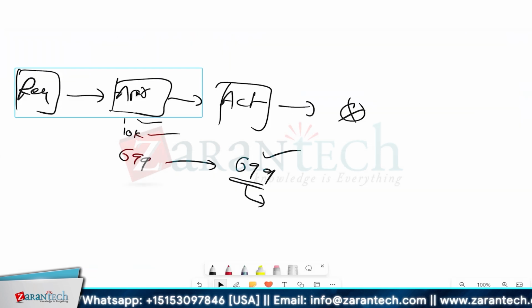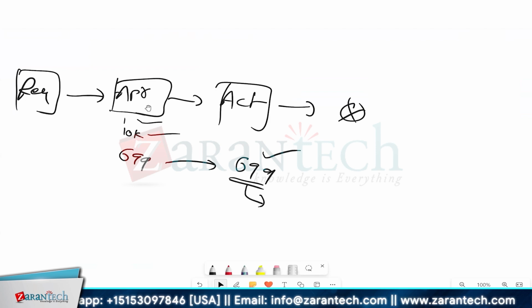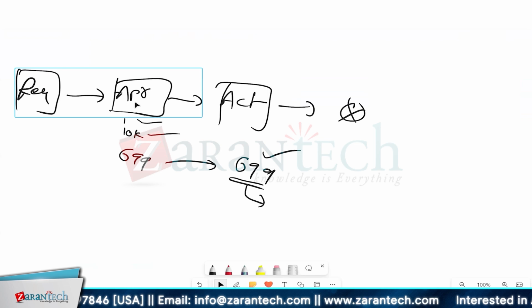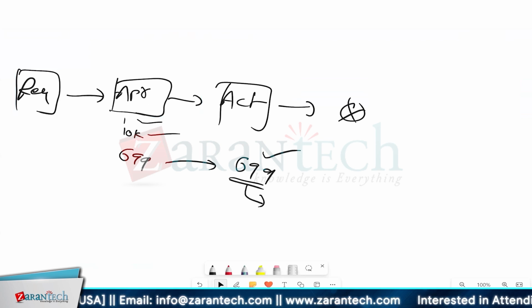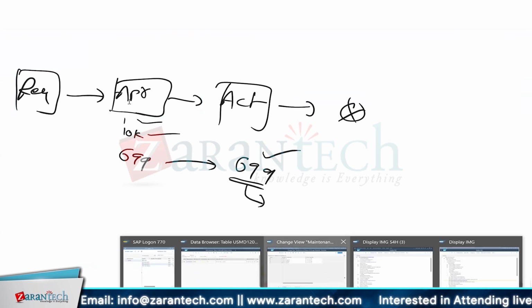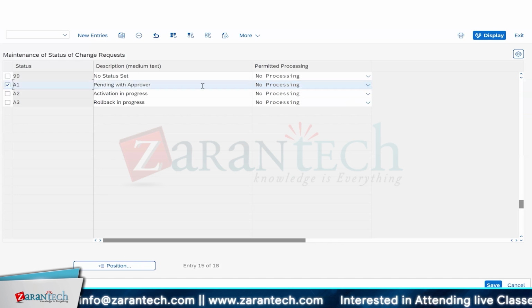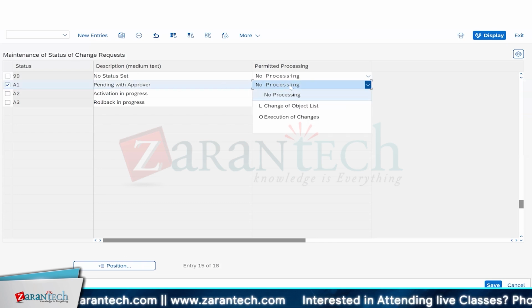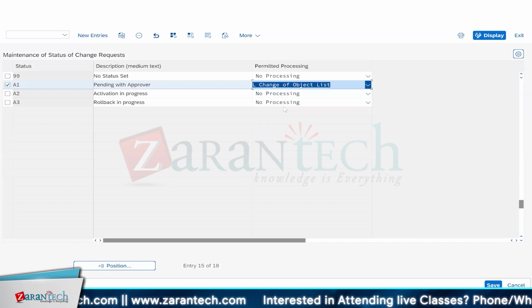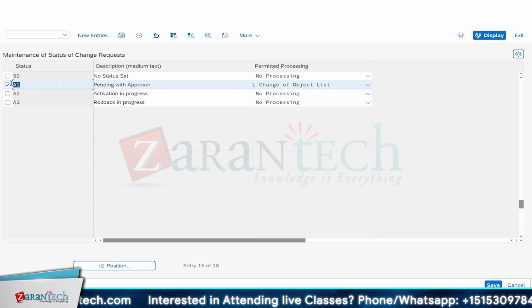At the approver stage, you will be assigning some status in the rule base in your single value table. We are assigning some status, pending with approver. So for the status, let's say this is the status I'm assigning. Now, currently, no processing is there. But if I put this change of object list, it means if you assign this status to the approver step, the approver can add or delete the records.